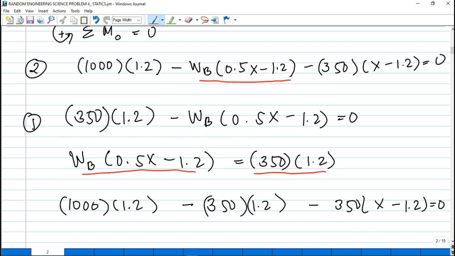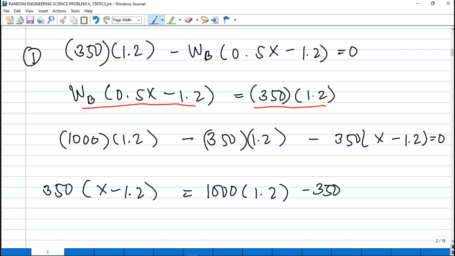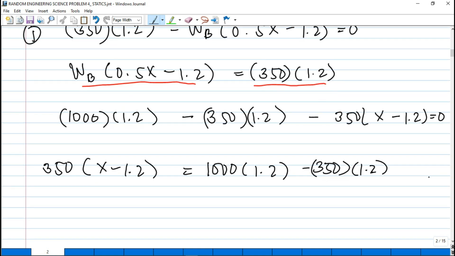We can find x now. So combine natin to, transpose natin to the other side. So that's just 350 times the quantity x minus 1.2 equals 1,000 times 1.2 minus 350 times 1.2. Okay, divide natin both sides by 350.